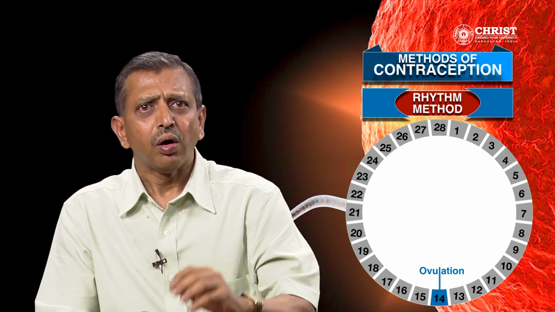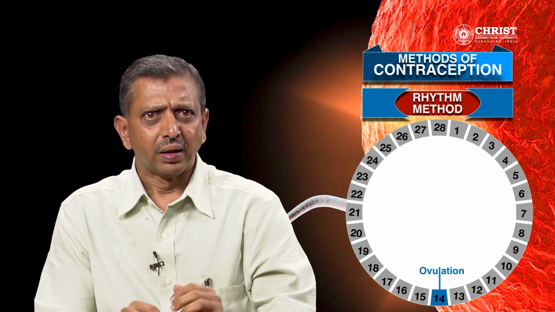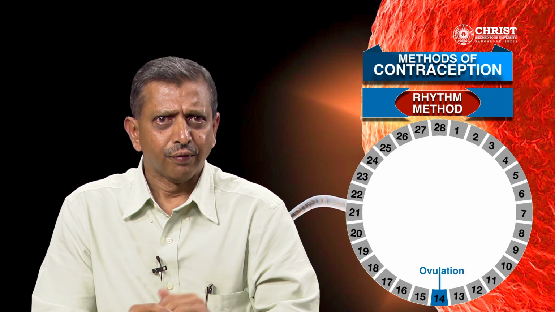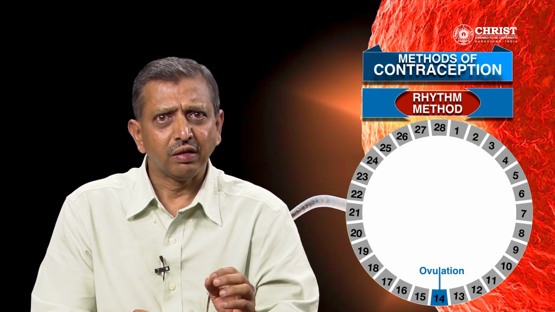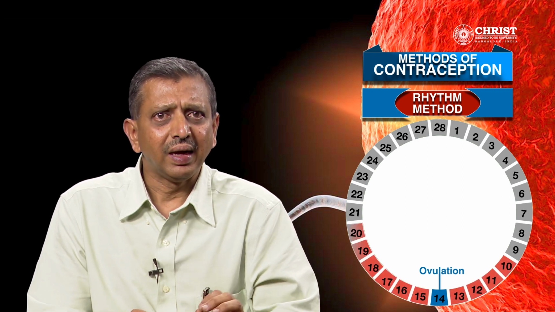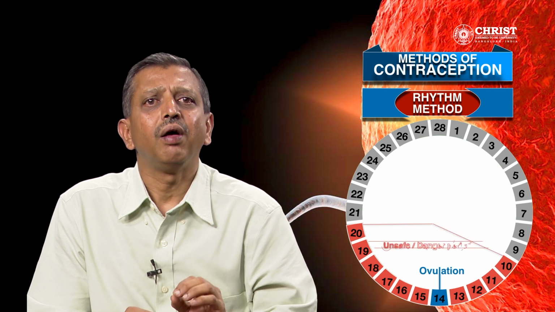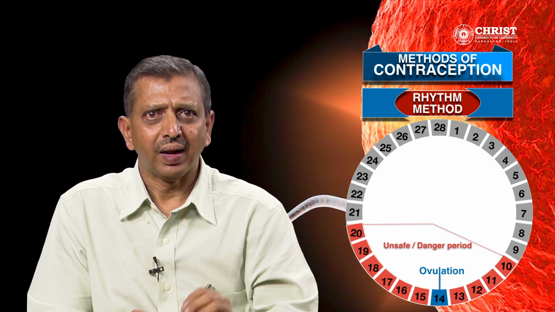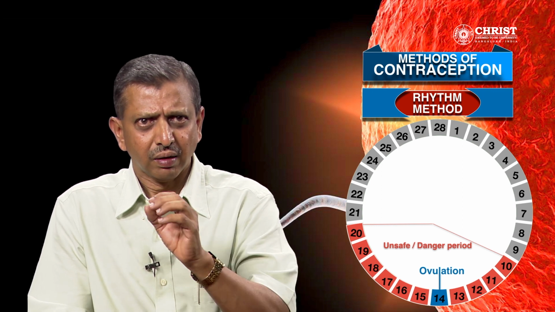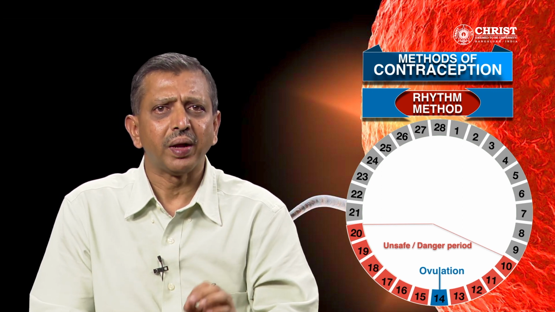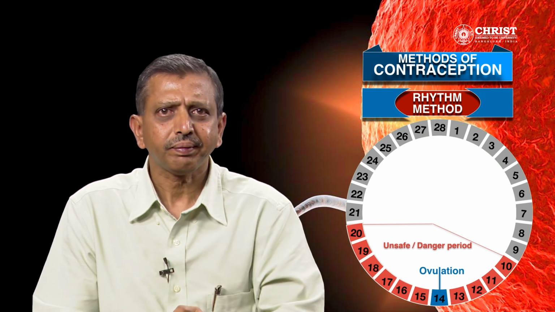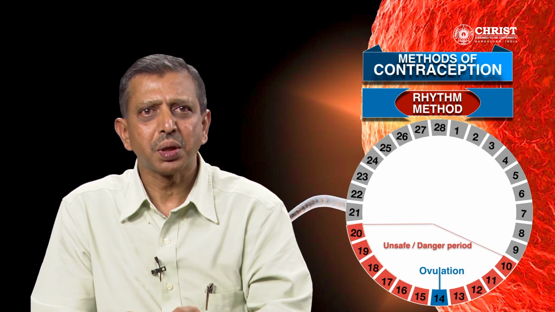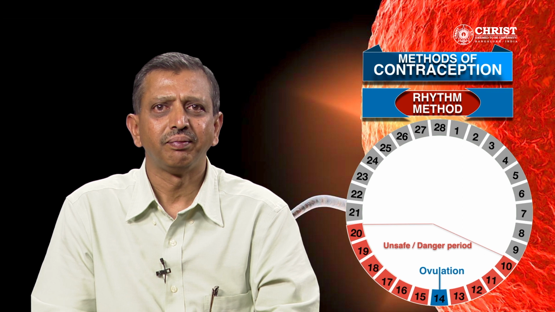In view of the above facts, the period of abstinence from intercourse is from 10th day to 20th day of the menstrual cycle. This period of 11 days is known as unsafe period or danger period, when conception is likely to occur.